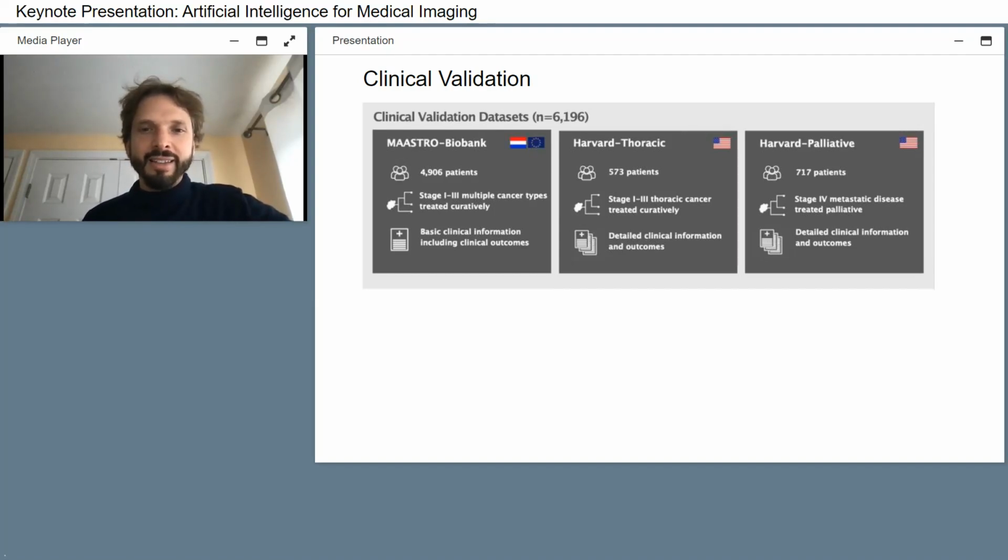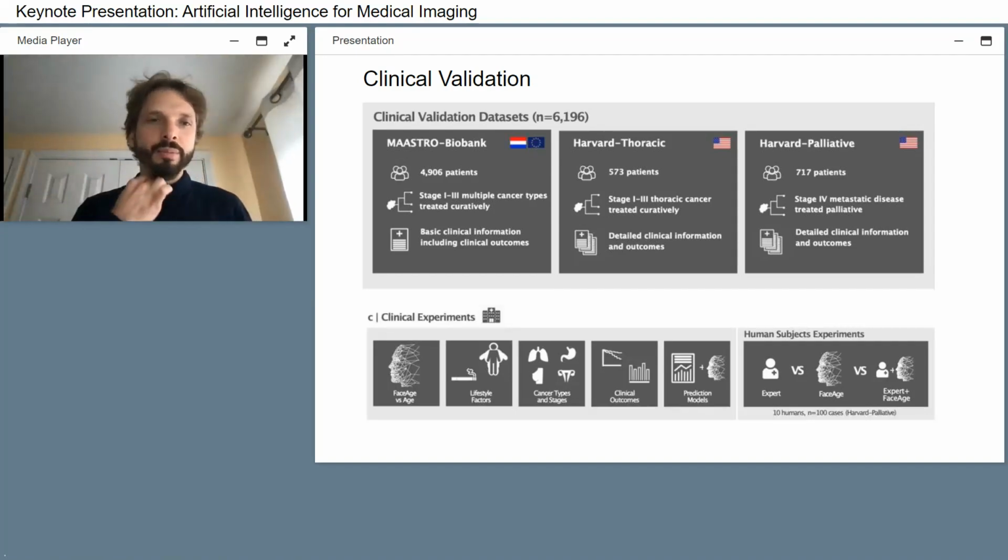These cohorts gave us the opportunity to do a lot of different research studies. We can compare your face age to your age. We can look at lifestyle factors. We can look at different stages and cancer types. But we can also investigate how well these algorithms help, for example, the clinician in decision making.